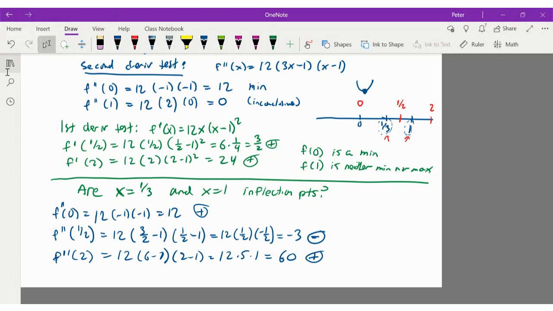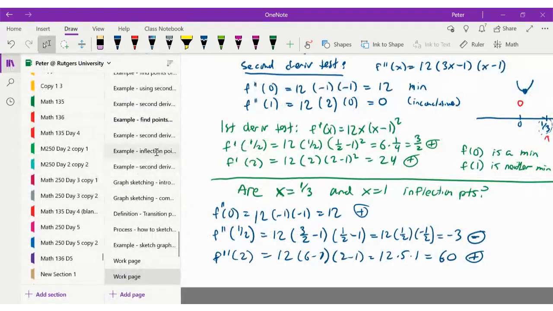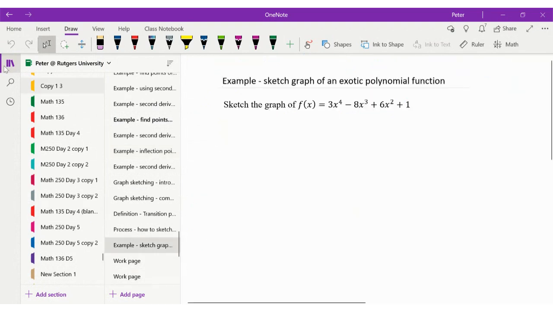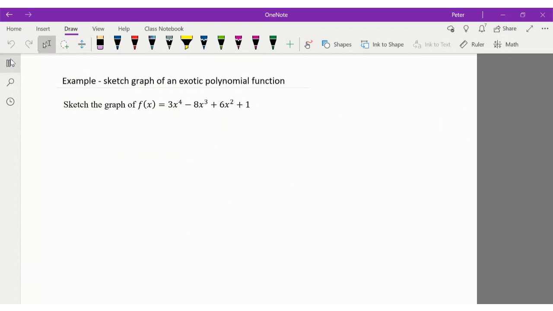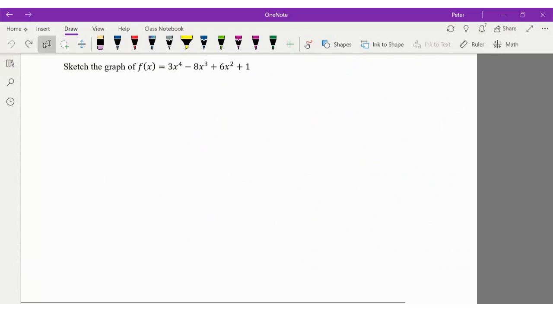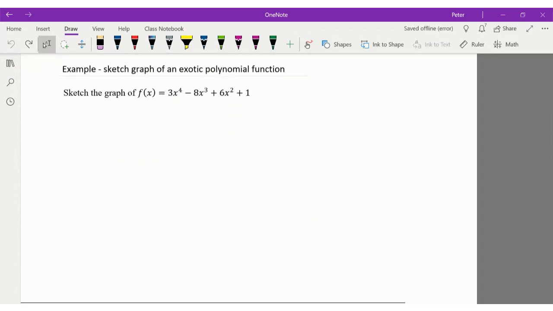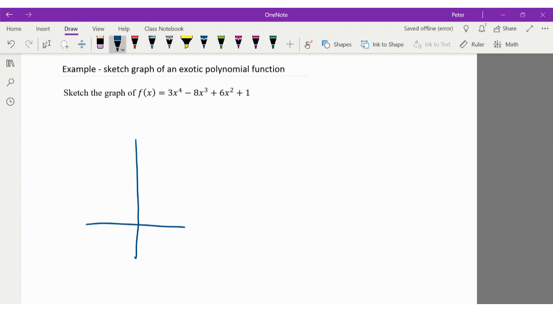Anyway, I just want to finish this up because it looks like I'm about to run out of time. So let's go back to here. We have 0, 1/3, and 1.